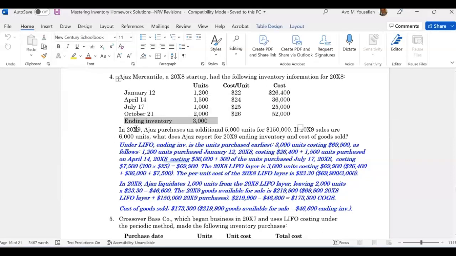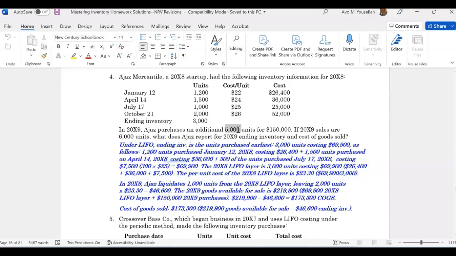In 2019, the company purchased an additional 5,000 units for $150,000. If 2019 sales are 6,000 units, guess what?